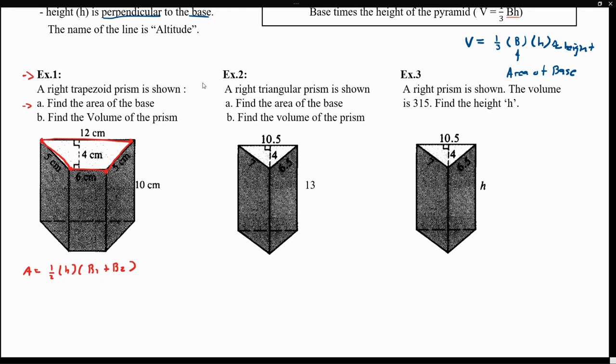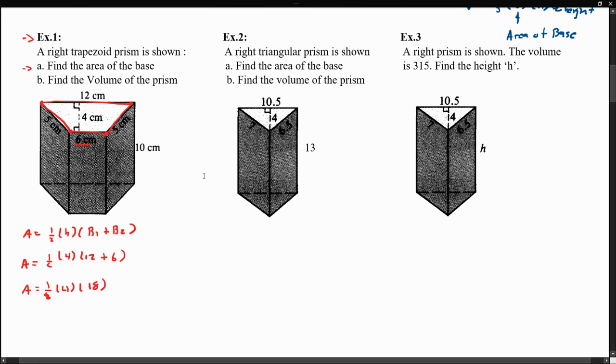So if we use all this information, then the area is 1/2 times the height, which, notice, the height is 4, times base 1, which is 12, plus base 2, which is 6. That's what we have here. And if we put it all together, then the area is going to be... let me do it real quick here.